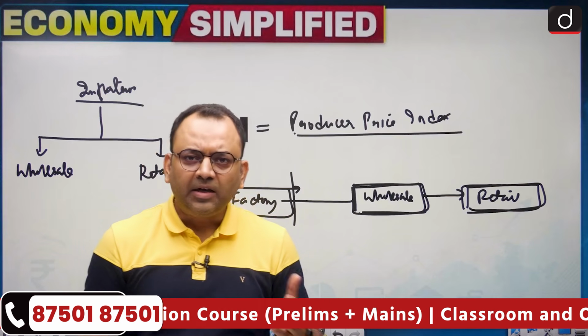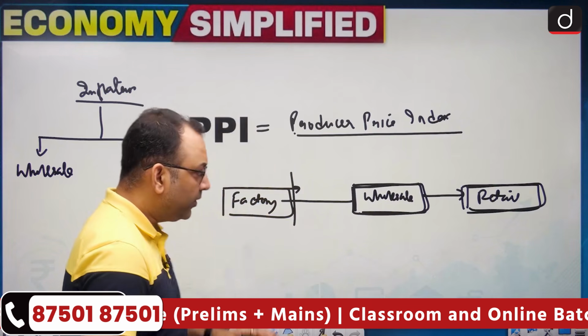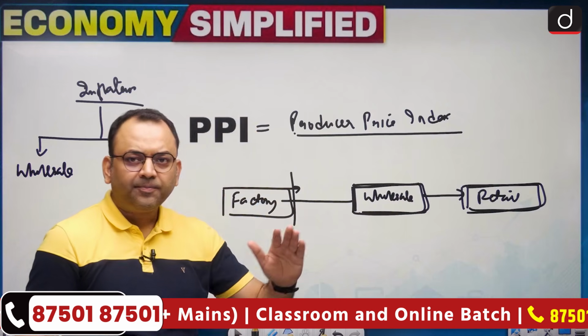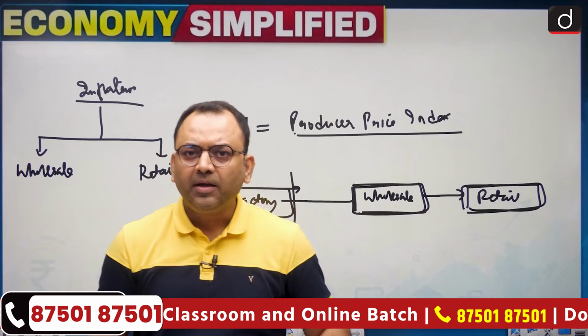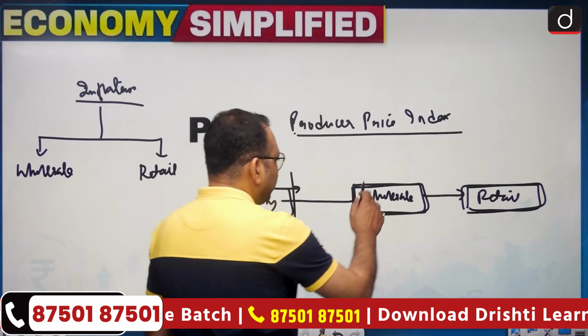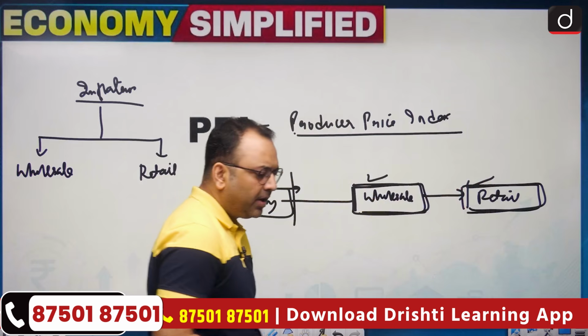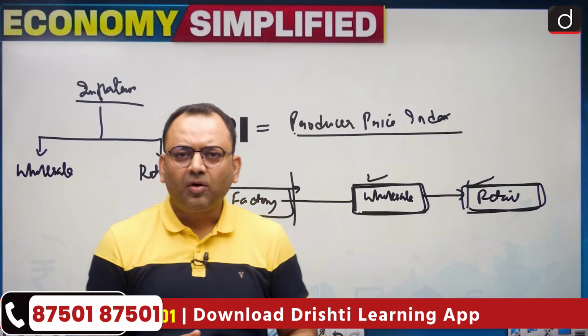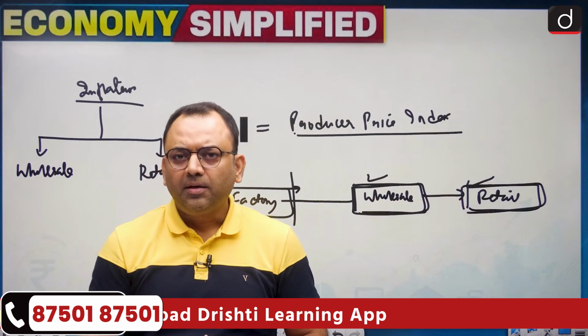Goods may be costlier, that's okay. But apart from the goods, the taxes, the transport, the delay, the demand supply mismatch, they all affect the prices at wholesale and the retail level. That's why the real inflation at times is not shown by the WPI, right?